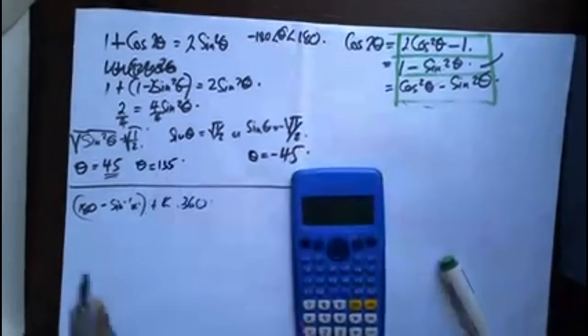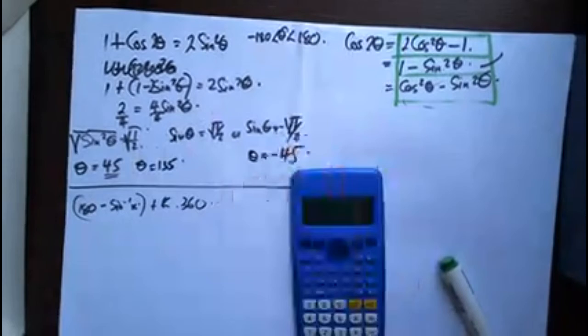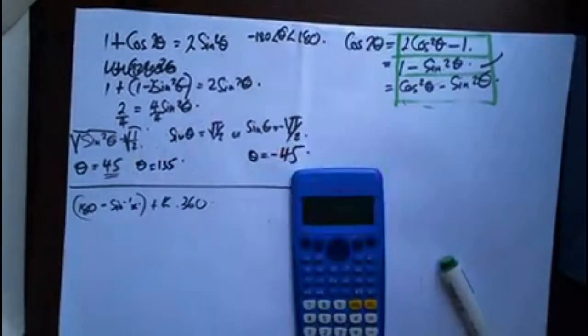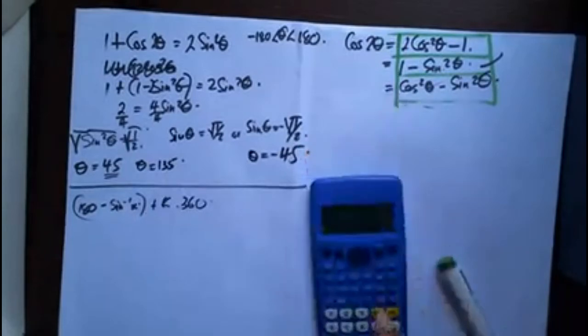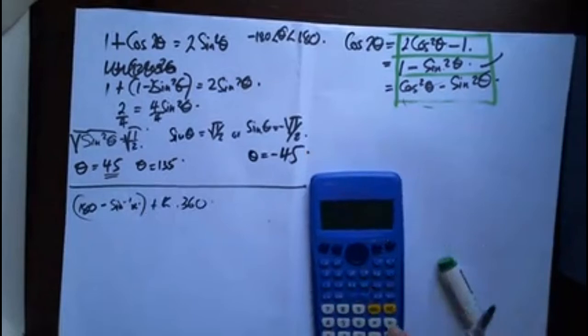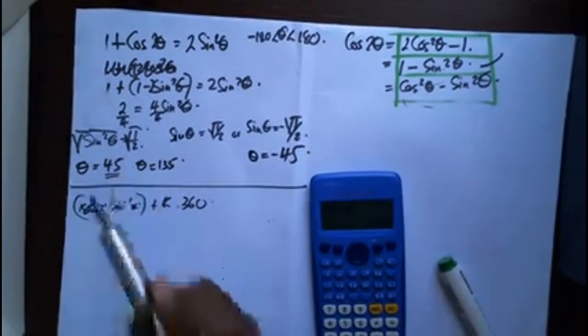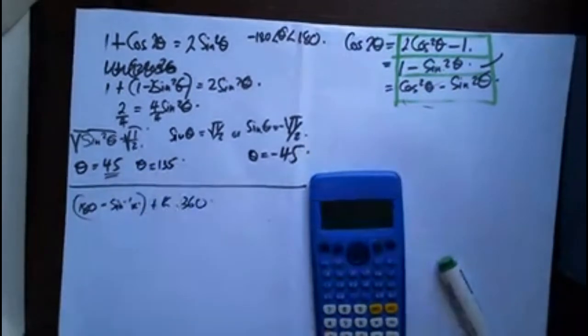And if you say shift sine of the first one, it will give you this. And this one, let's check it out as well. It's 180 minus negative 45, which is 225, out of range. So you see, we have 45 and we have 135.